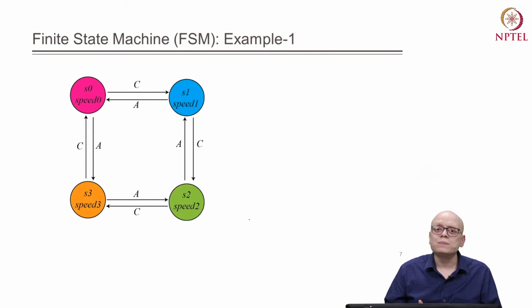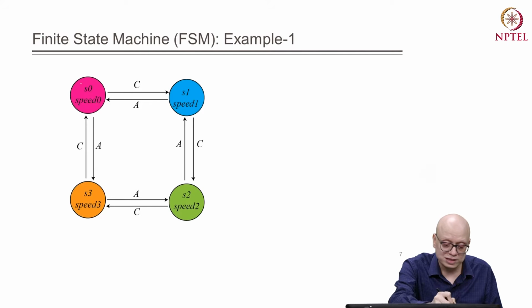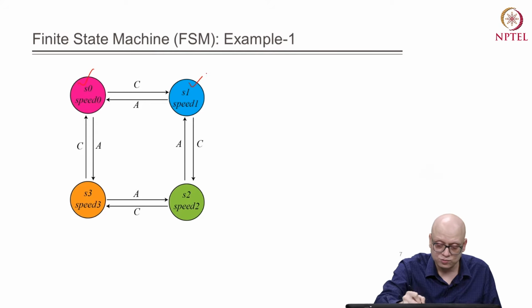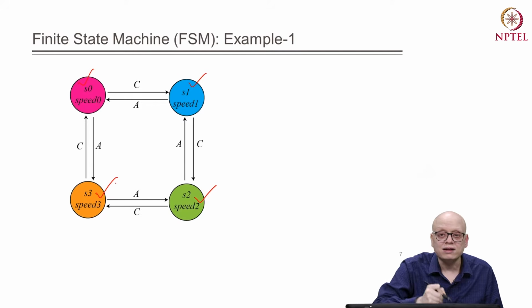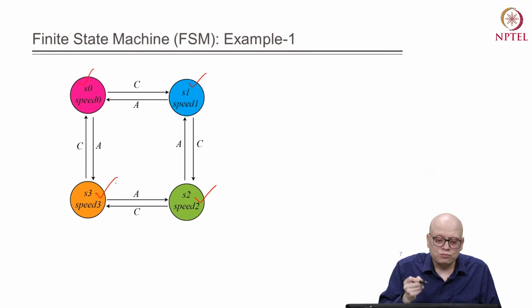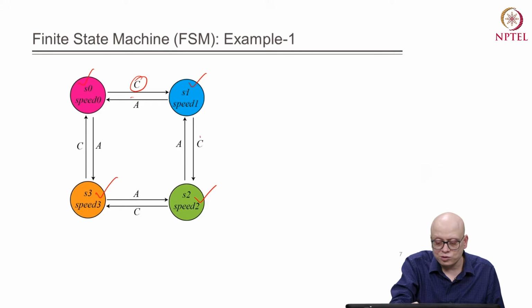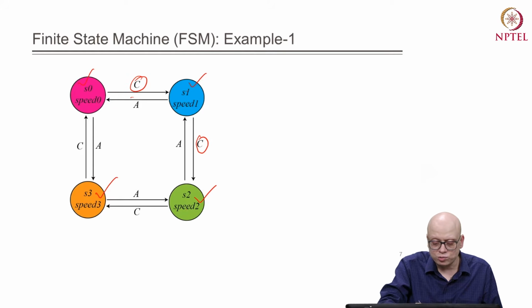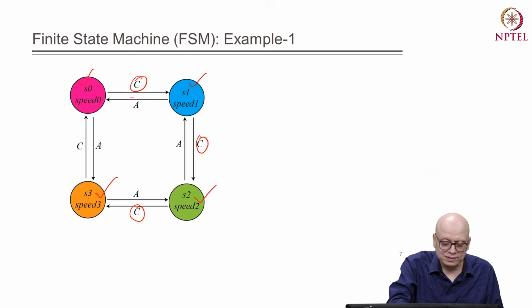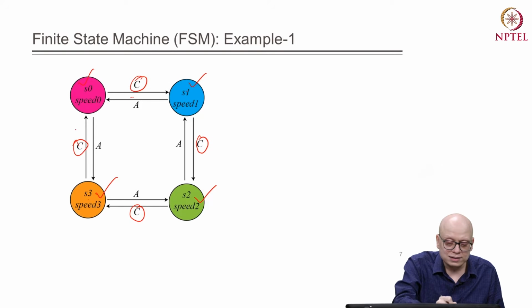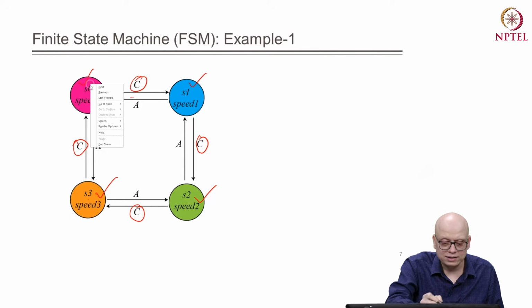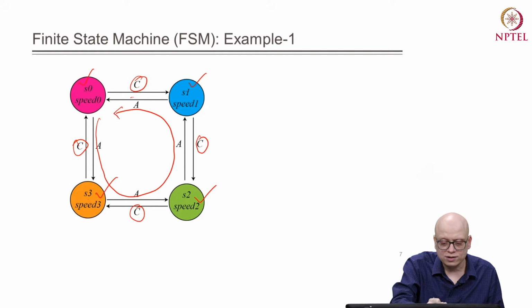So, this is a very simple representation of the FSM for the fan regulator. We have four states S0, S1, S2 and S3, right. And if we rotate clockwise, we go to S1, if we rotate again clockwise, we go to S2, clockwise S3, clockwise again reached S0, right. And similarly, we go anti-clockwise like this, right.